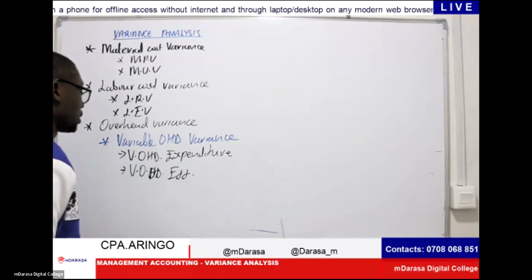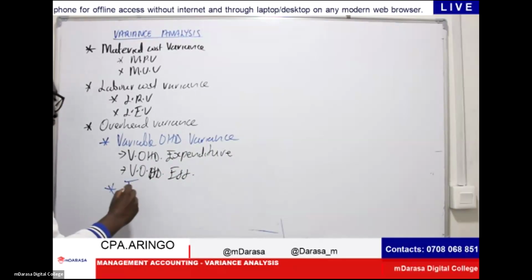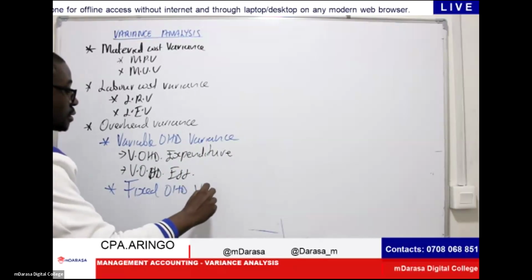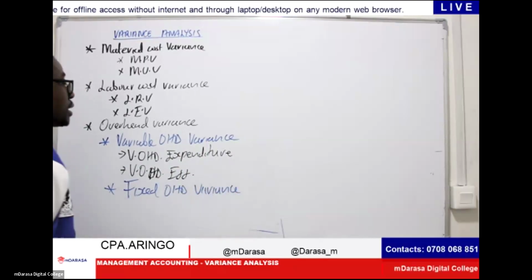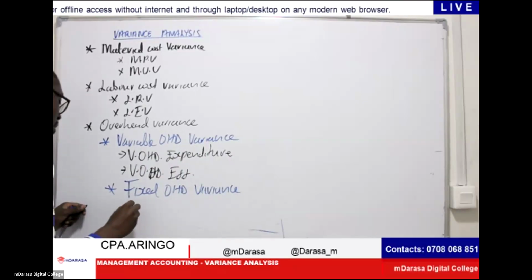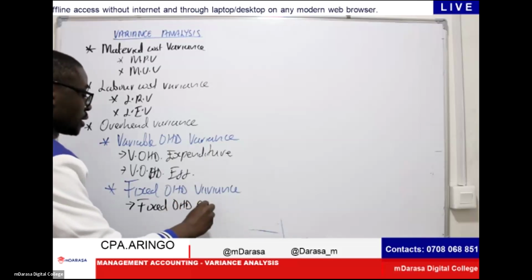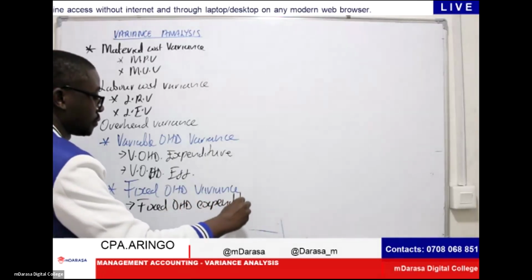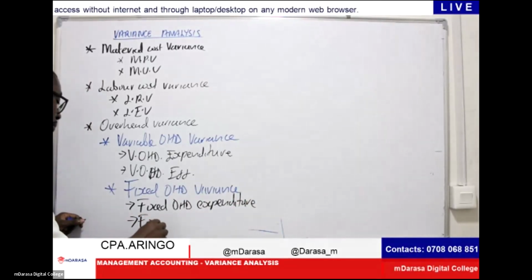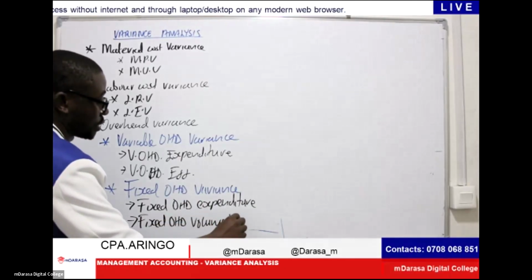Under that, we talked about the fixed overhead variance. Under the fixed overhead variance, we said we have 2 components: fixed OHD expenditure variance and fixed OHD volume variance.